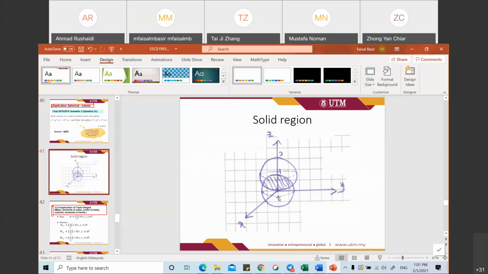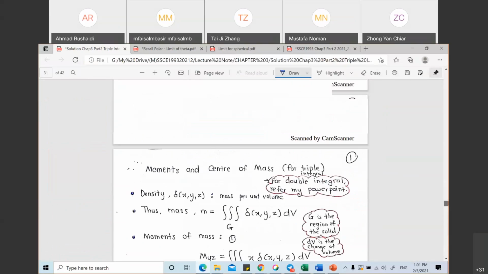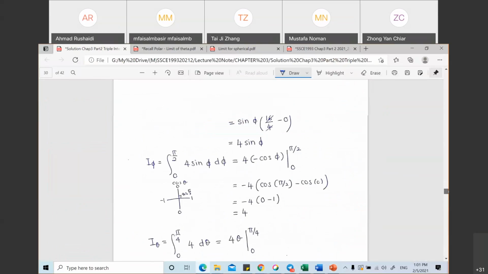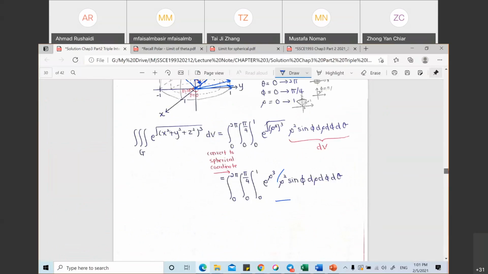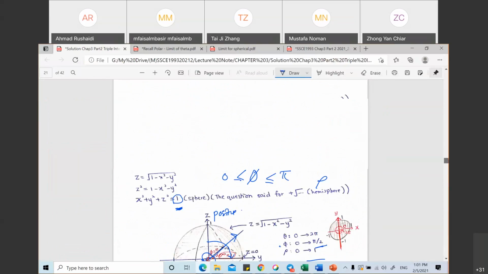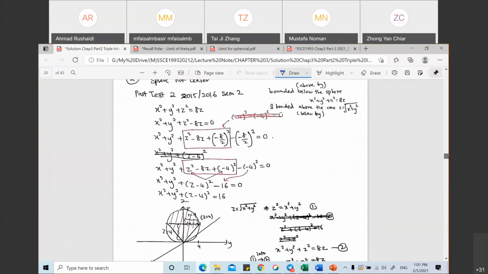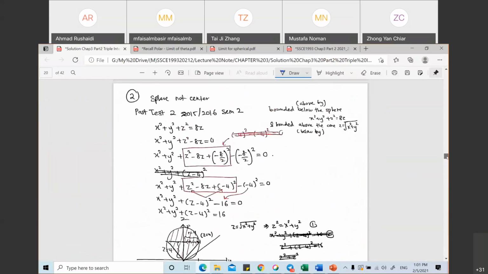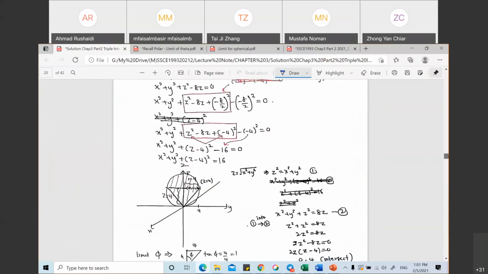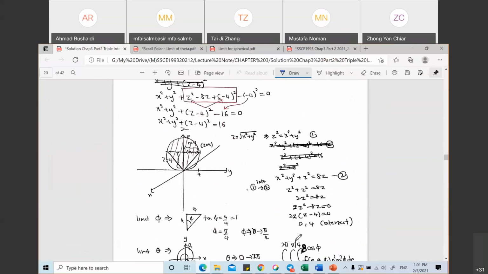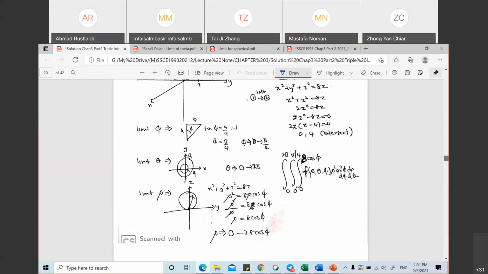So we have it like this. This is the shaded region. If you have a question like this, please factorize first, complete the square, and then you can come to solving the triple integral.